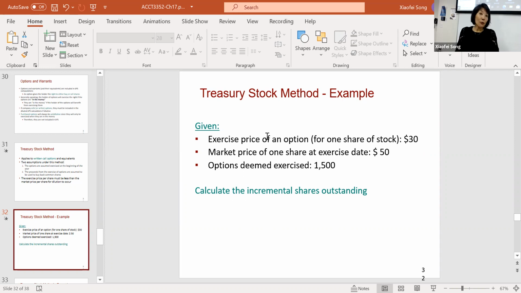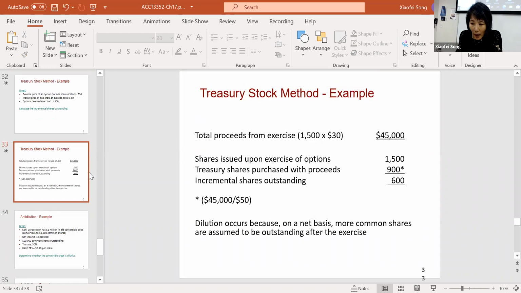So those are assumed transactions, and there's no exercise date. We assume that exercise is at the very beginning, so you impact the number of shares outstanding for the whole year, right? So we use the exercise price and the average share price.